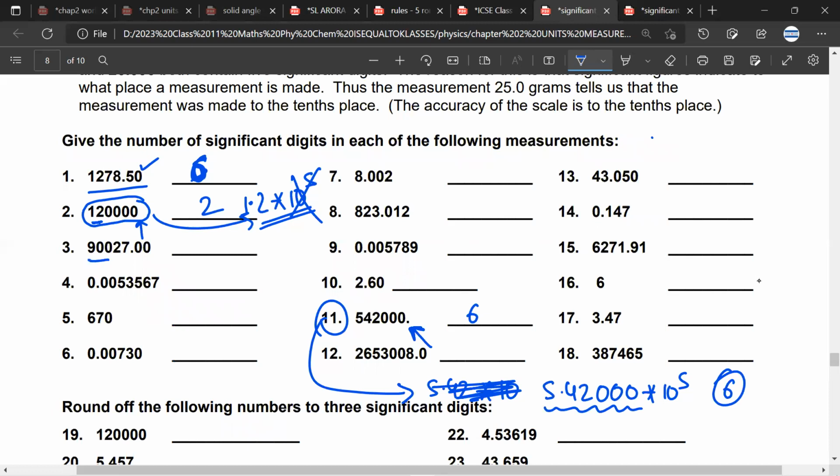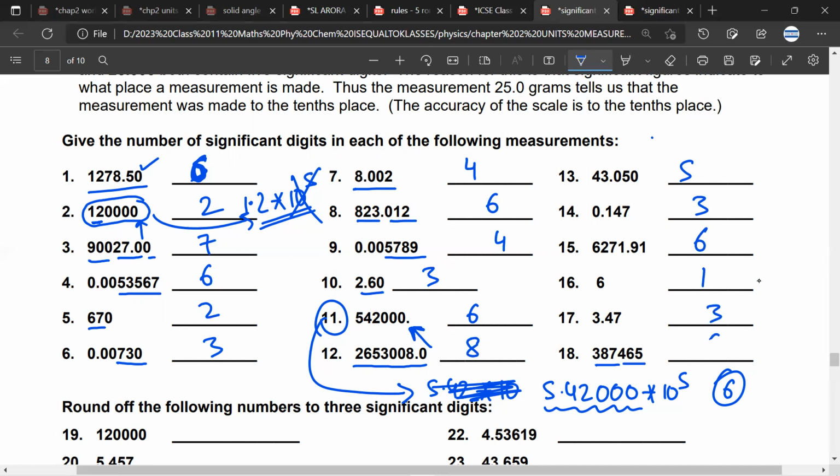So 3, 6, 7, 6, 2, 3, 4, 6, 4, 3, 1, 2, 3, 4, 5, 6, 7, 8, 5, 3, 6, 1, 3, 6.